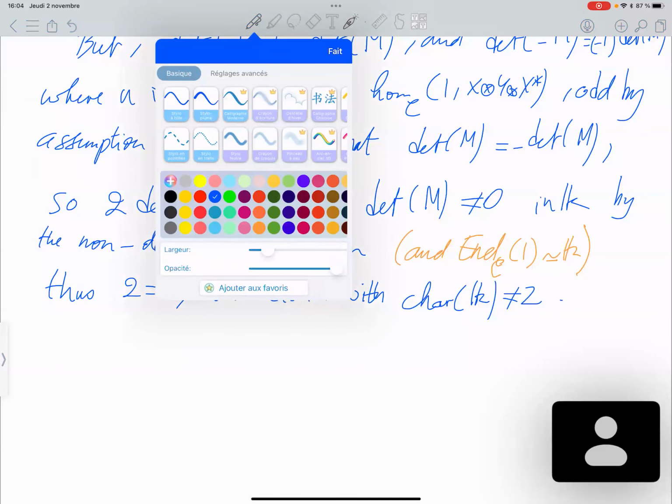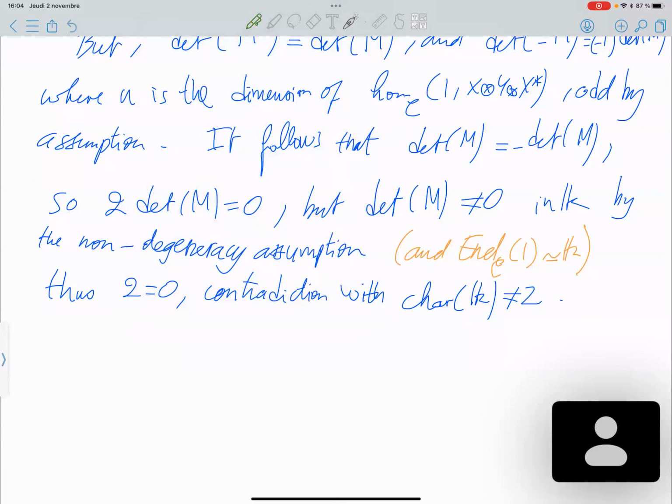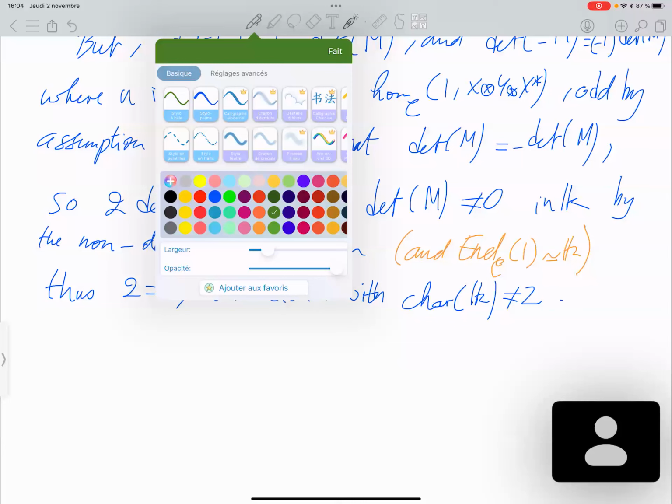But let me restate what we proved here. This is something well known in algebra.